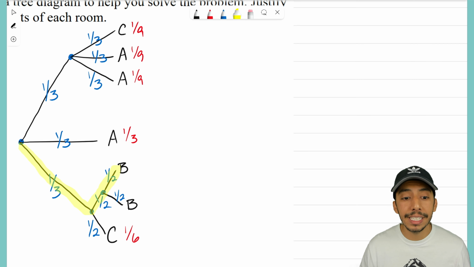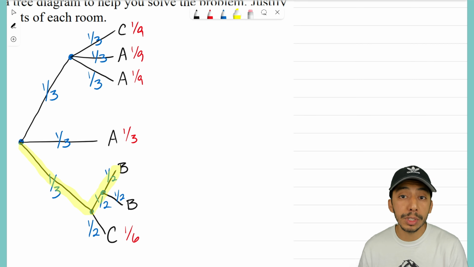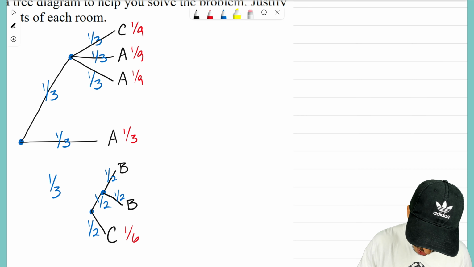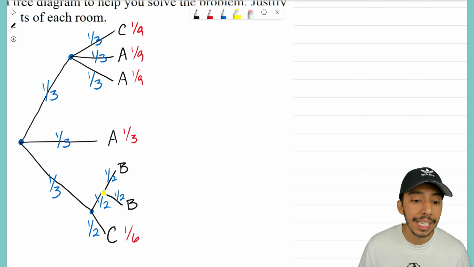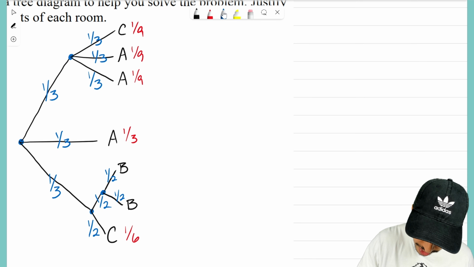So for us to solve these B's, we're actually going to have to multiply those 3 fractions along that route. We're going to have to take 1/3 times 1/2, which is 1/6, times another 1/2, which is going to give us 1/12.